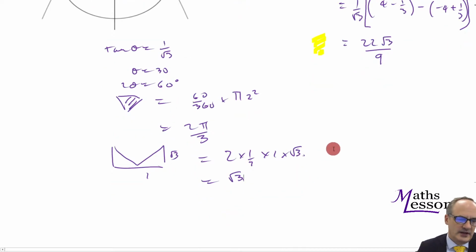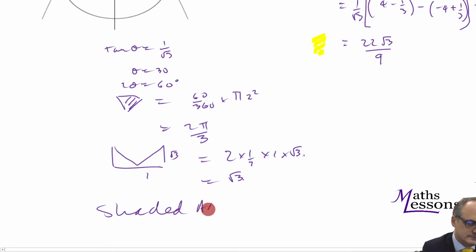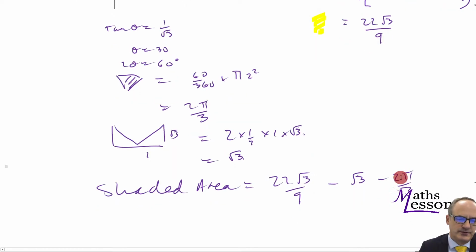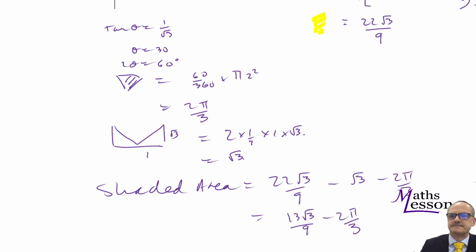So therefore, my shaded area is equal to 2 root 3 over 9 minus root 3 minus 2/3 pi. Let's just simplify this bit. That's going to be the equivalent of 9 root 3 over 9. Take that away from 2 root 3 over 9, and that gives me 13 root 3 over 9 minus 2/3 pi.